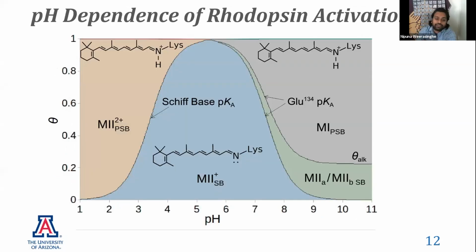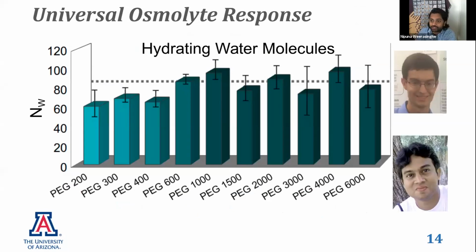Then we calculate the number of water molecules flooded into the system with different PEG molecules, and we were able to find out that their values are consistent with the molecular dynamics simulation, and they are relatively constant around 80 to 100 water molecules. So the meta 1 to meta 2 transition is always accompanied by flooding of water molecules into the core of the protein is a reliable conclusion.